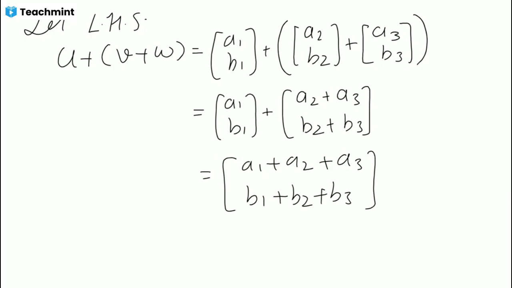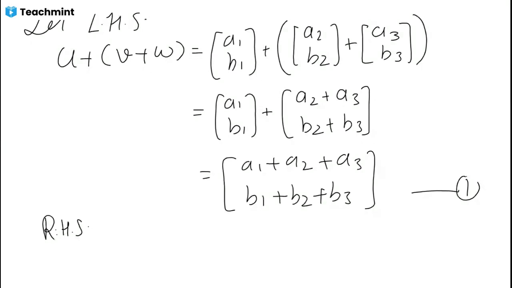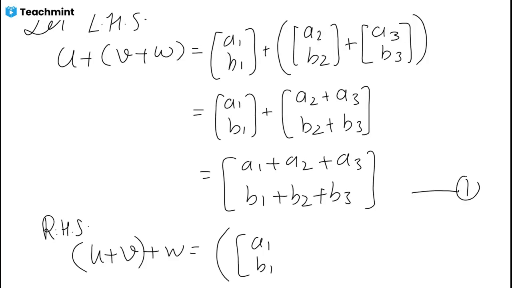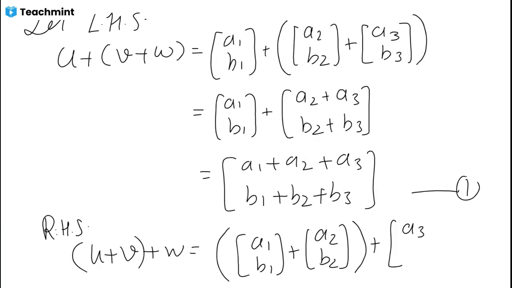Now let us find the right hand side. You can take this as equation 1, and now let us take RHS, that is U plus V plus W. So A1 B1 plus A2 B2 plus A3 B3.